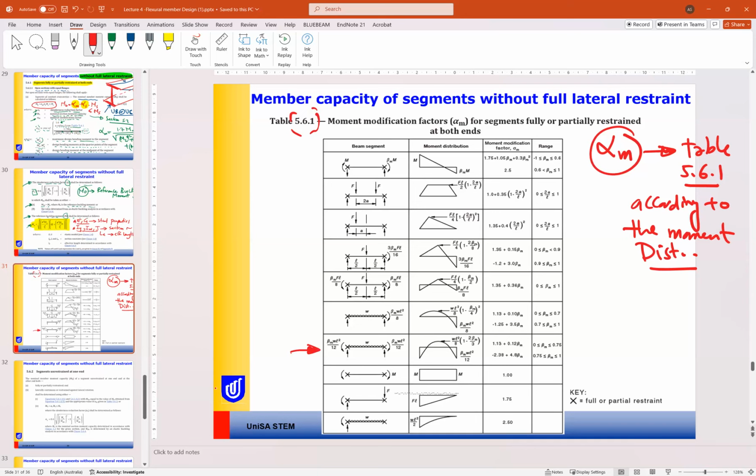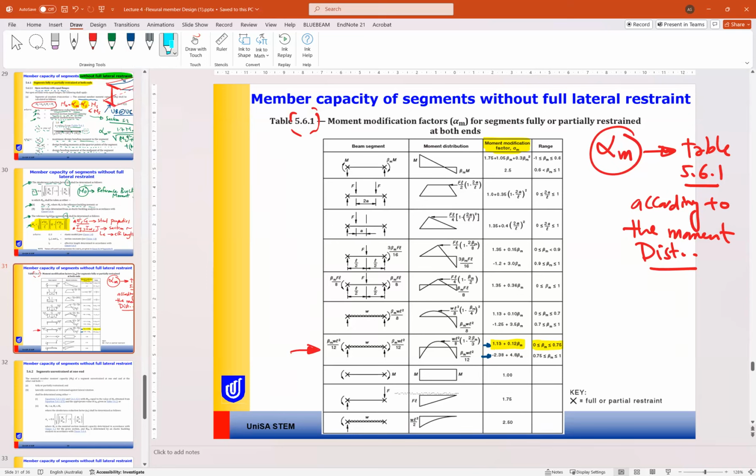So how much is alpha m? Alpha m will come from this table. So alpha m will be this value or this value. The first value is 1.13 plus 0.12 beta m if beta m is between 0 and 0.75.